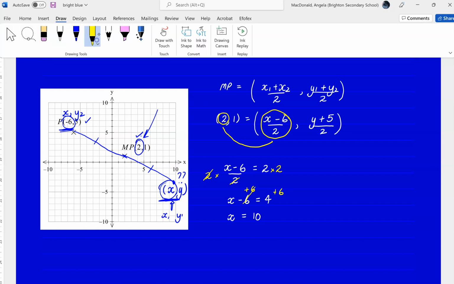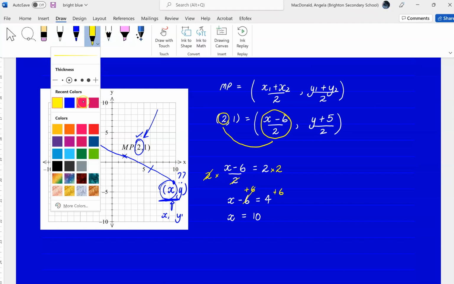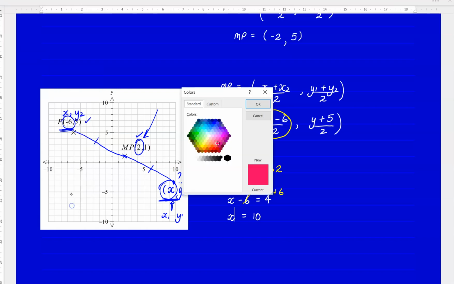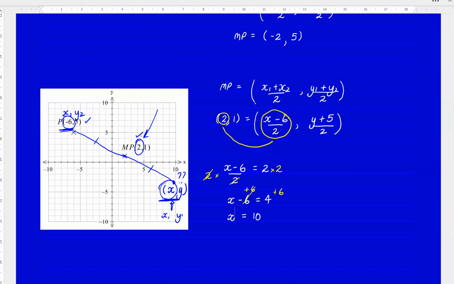And then we're going to do the same with the y values. Okay, so let's get a different colour. Nice pale. Okay, so what we're now saying is that this y value here has to equal this whole y value here. And we'll write that.